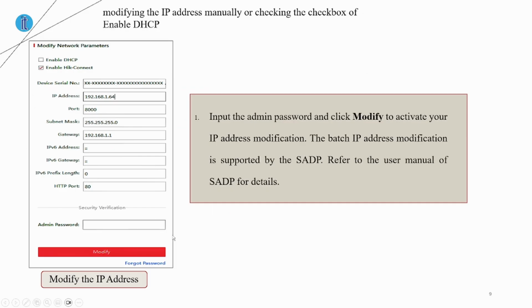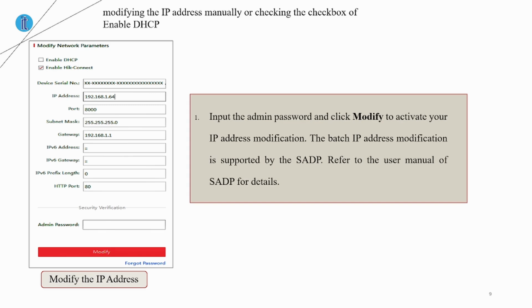Now let's go to the next slide. Modifying the IP address manually, or checking the checkbox of enable DHCP. From your SADP software, you can modify the IP address manually, right? The system has brought an IP address for you on the DHCP protocol.